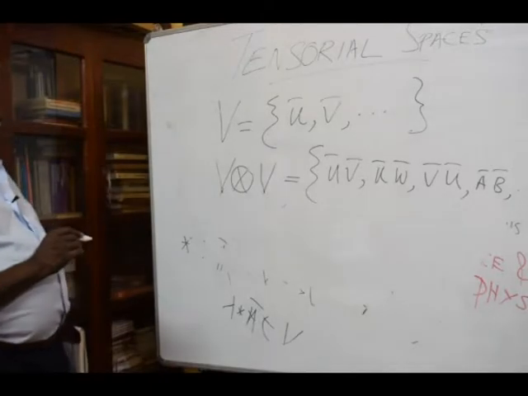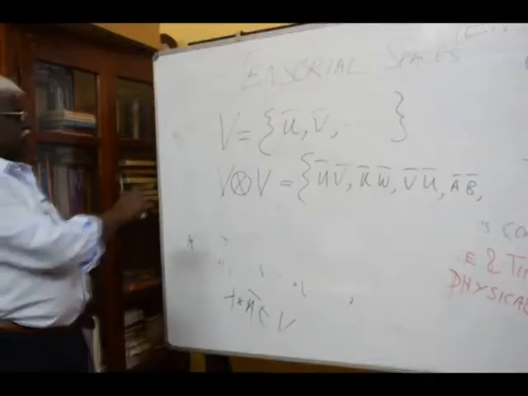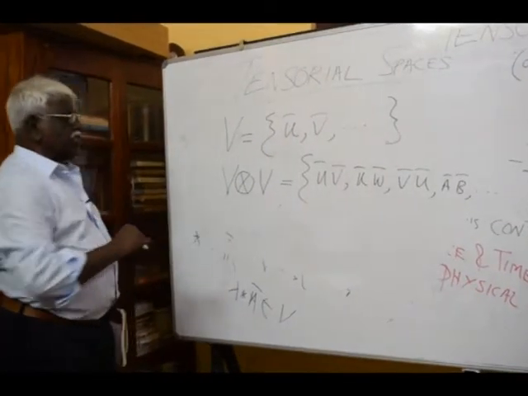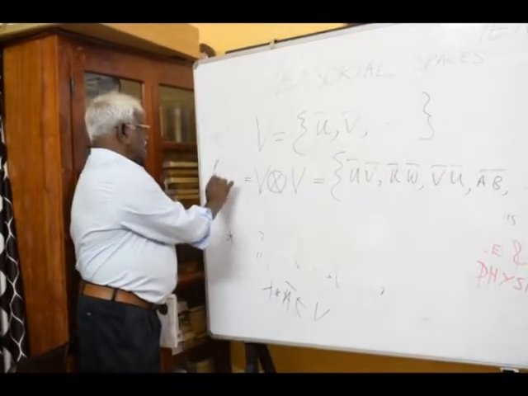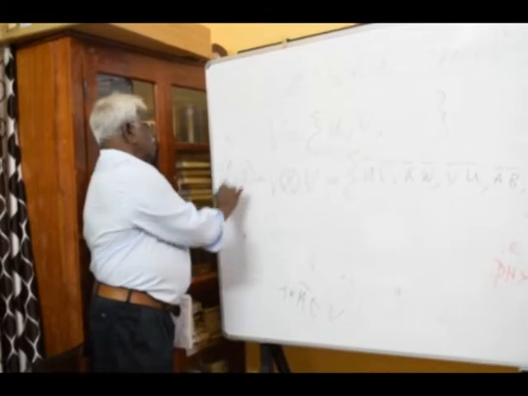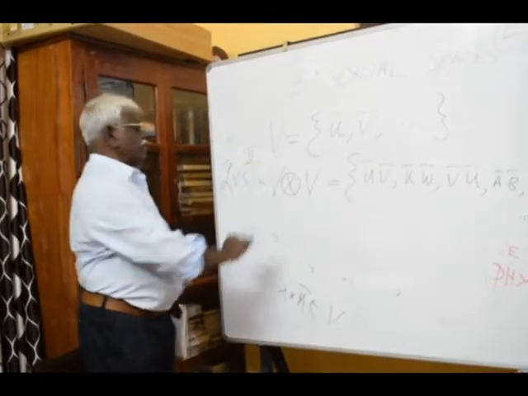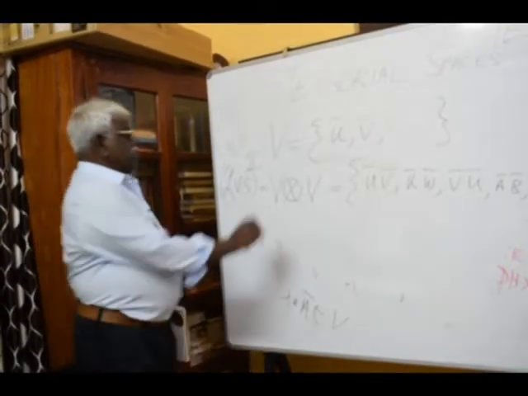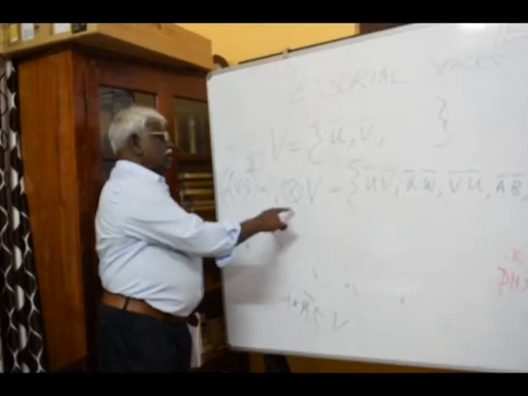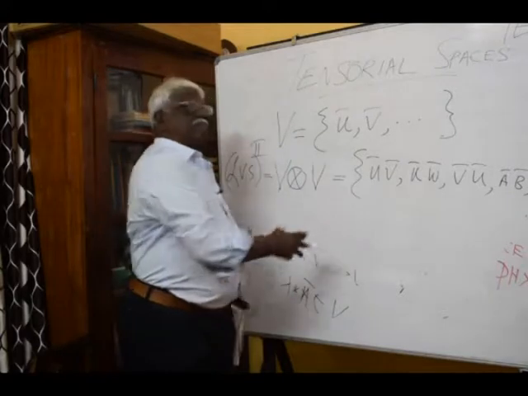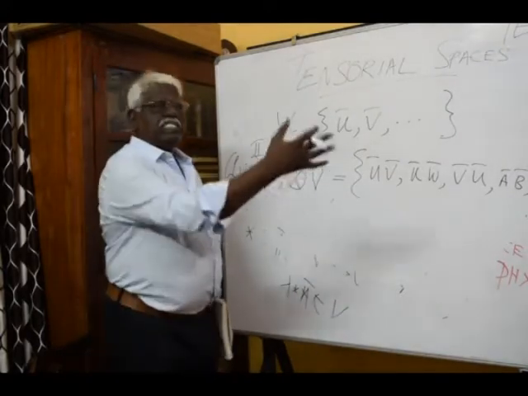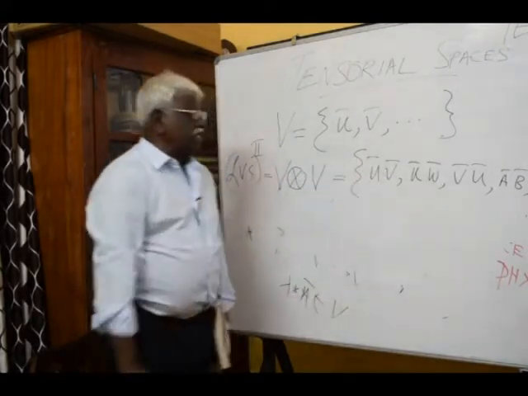Construct the mathematical space. This is called a second rank tensorial space. Second rank tensorial space we just call it as L V S, second rank tensorial space. This thing V equals, just to multiply two vectors as such.